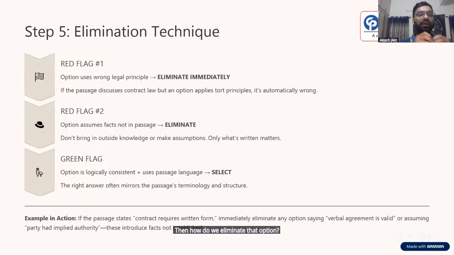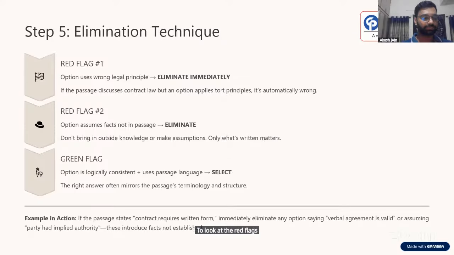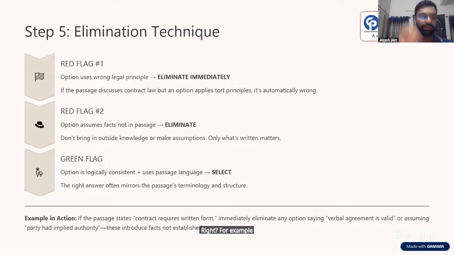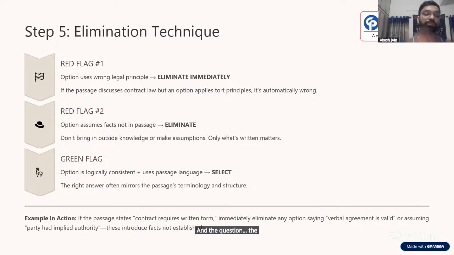See, the best way to eliminate the option is to look at the red flags and the green flags. Now, most of the times, the option which is incorrect would have a wrong legal principle, right? For example, the question talks about nuisance, and the option is about negligence.